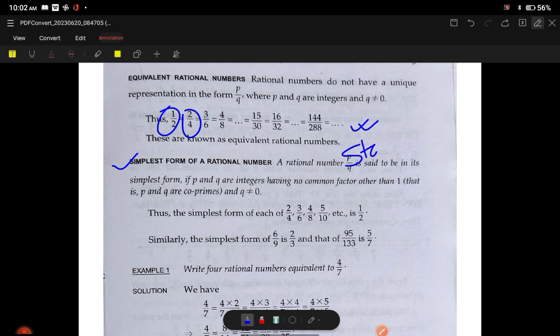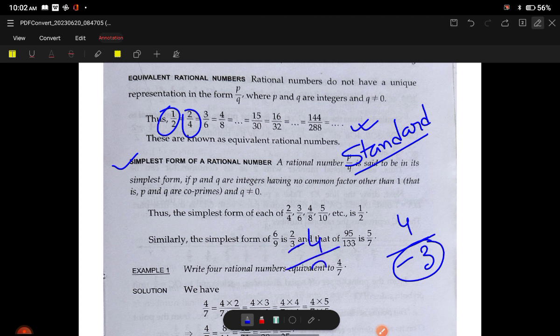What is the standard form of a rational number? First of all, the denominator must be positive. Suppose I am writing 4 upon minus 3. The denominator must be positive, so you multiply both by -1, minus into minus is plus, so the denominator will be positive. And there will be no more cancellation between numerator and denominator.